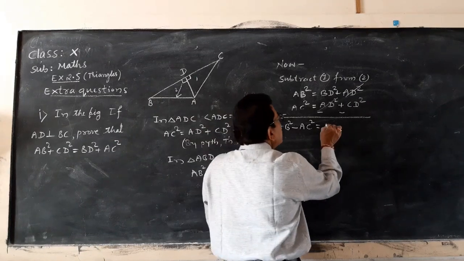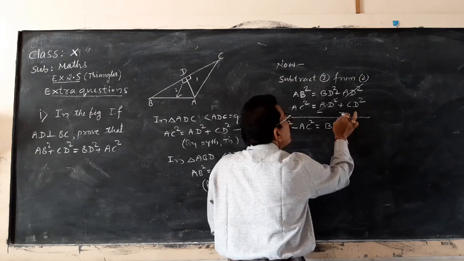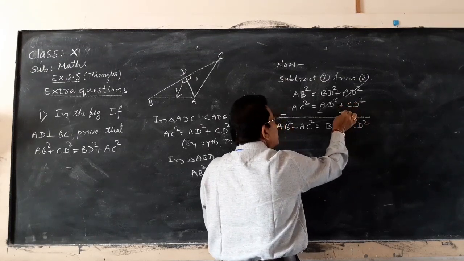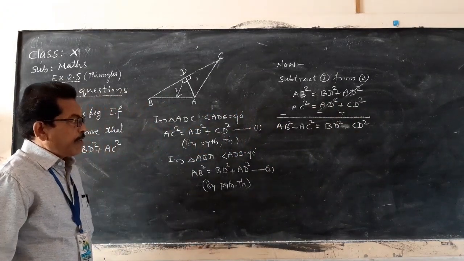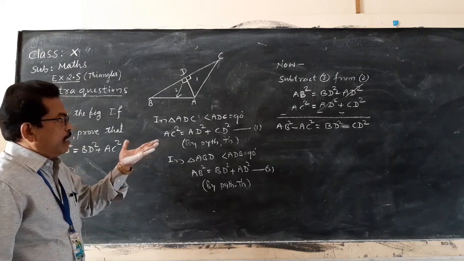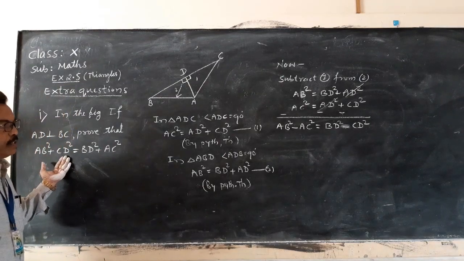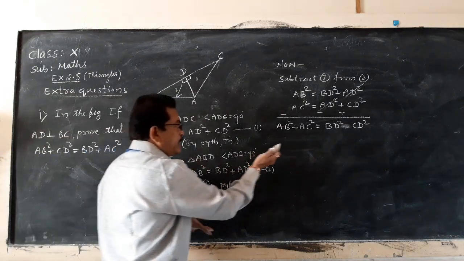What is remaining? BD square minus CD square. Now observe the result they have given: AB square plus CD square. So let us bring CD to this side.